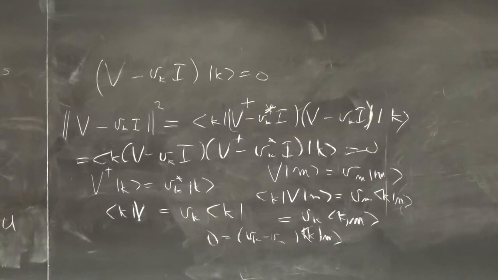You can then go through an argument similar to the one that I sketched for the Hermitian matrices to show that you have n orthonormal eigenvectors.